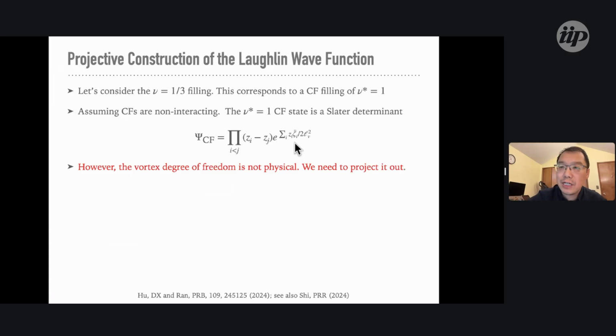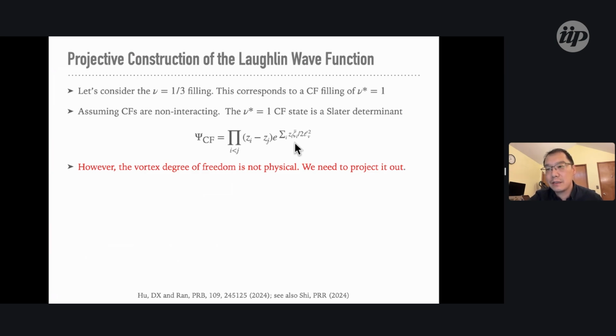How do we do this projection? Now remember that for each electron, I attach two vortices, so the vortex should behave like a boson, and they also have a filling factor of 1/2. So if you ask yourself, what is the natural state for a bunch of bosons in a magnetic field, right?